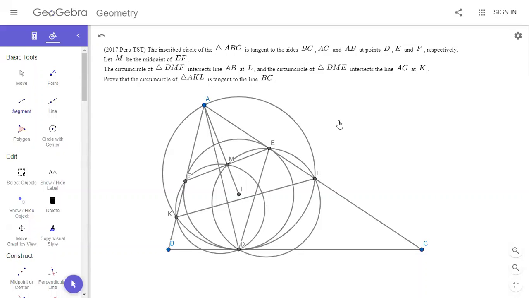Let's see. What did Anmol say? Anmol said we want to show that ADC is equal to DME. So ADC is equal to GFD. Yeah, I'm trying to think how to say this.